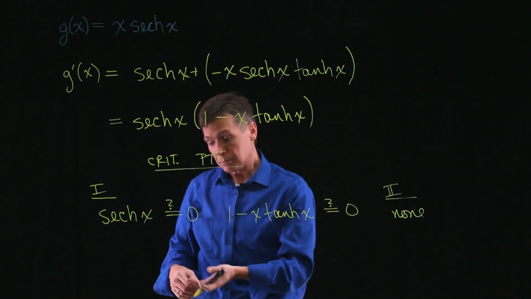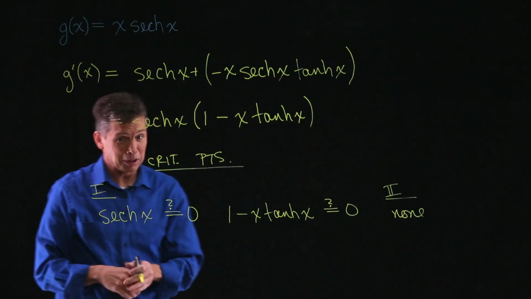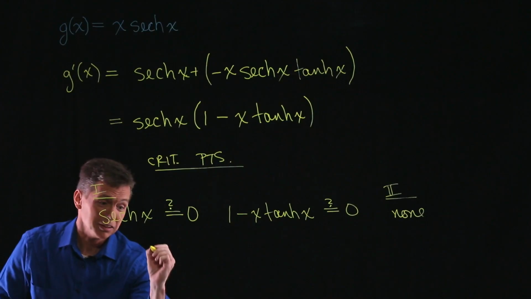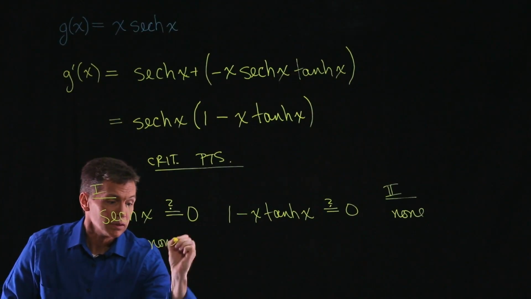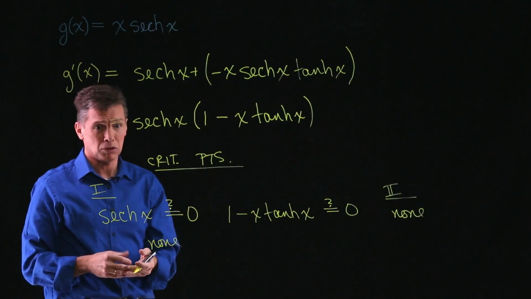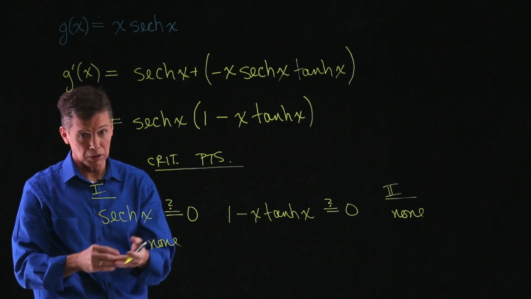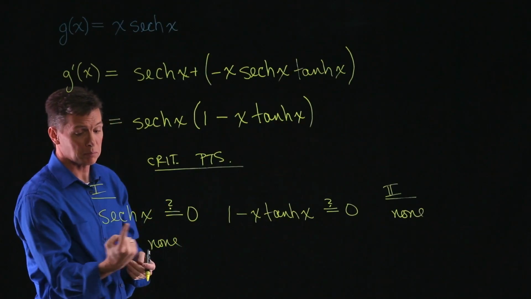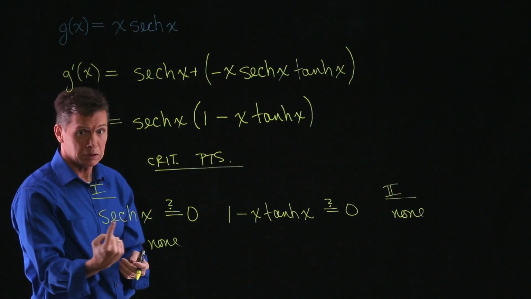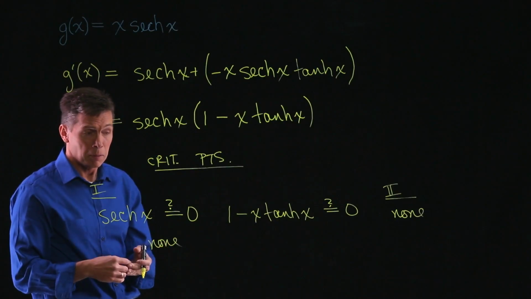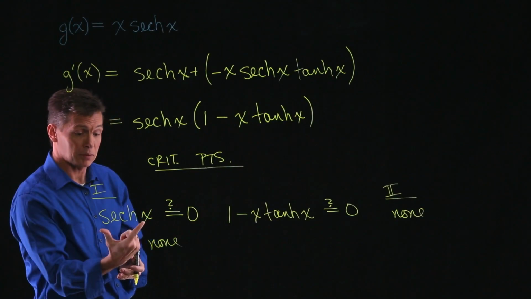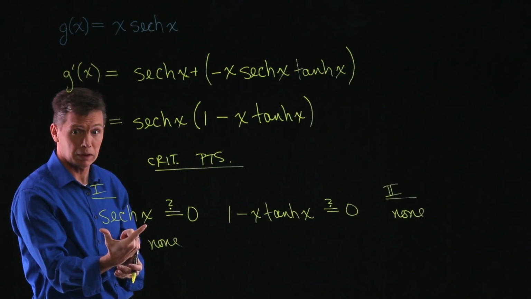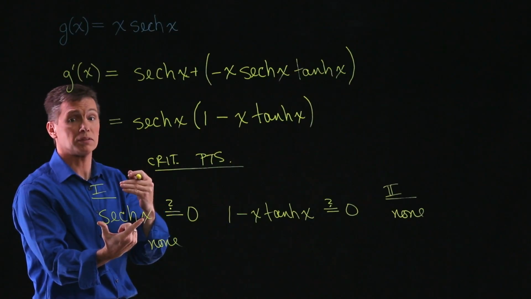Now this first one, you might have to think about a little bit. Not much though, because again, the answer is going to be none. So I say think about it because there's no real work to do. There's no algebra to solve. There are no values of x that make hyperbolic secant equal to 0. How do I know? Well, if you look at the graph of this, hyperbolic secant is always above the x-axis.